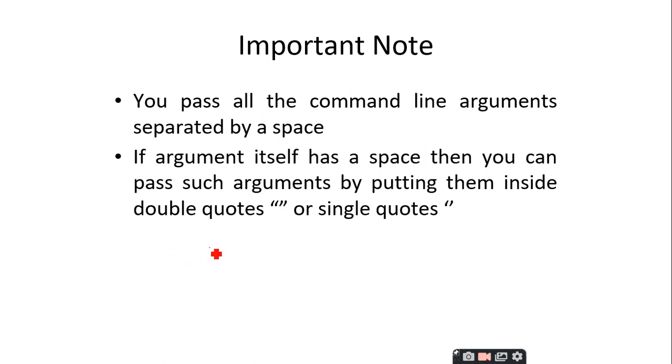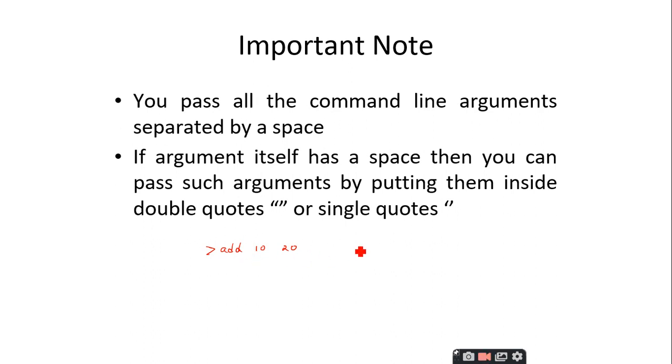In the previous example also, I told that I have a program called add and I need to input two values. Every argument that you give in the command line should be separated by spaces. This is how you are going to give them.